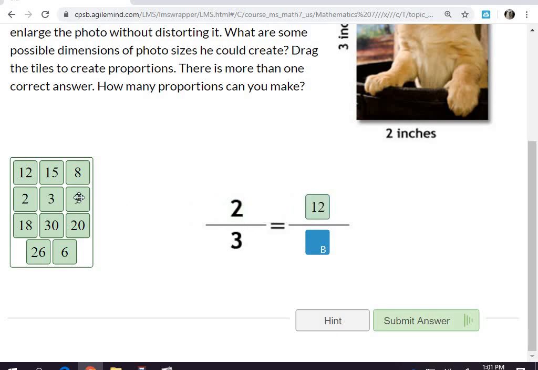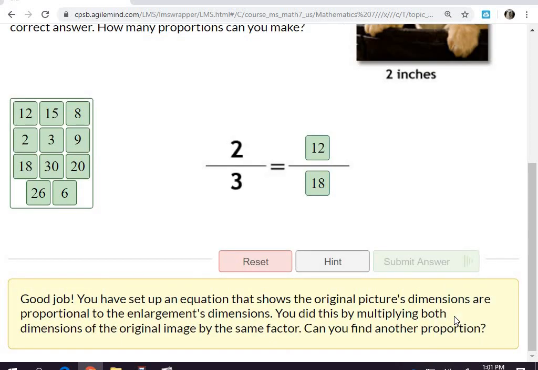Okay, we got one person testing their fraction. 12/18. He's going to hit submit and see if he's good. Good job. All right, you got that one. Someone in this room has another fraction.